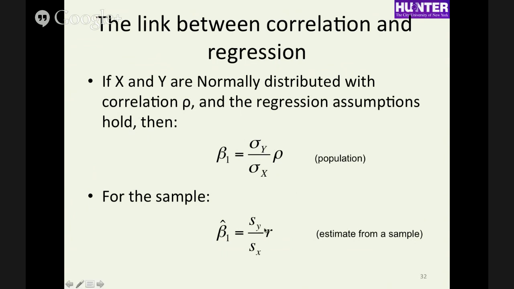Same thing for the sample. The only difference between the slope and the Pearson correlation coefficient is the ratio of the standard deviations of the two variables. So if both of your variables have the same standard deviation, then your slope and your Pearson correlation are the same thing. How about that, right?